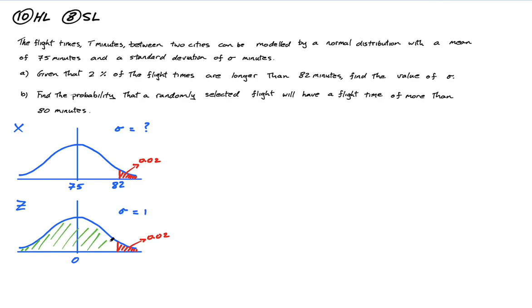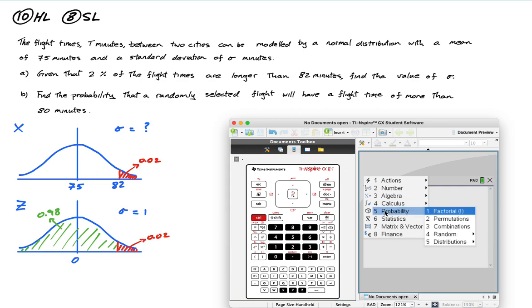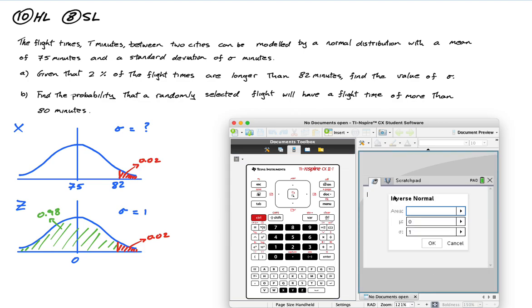Now the area, this green area, if you think about it, is 0.98, because the total area has to equal 1. So I'm going to put into my inverse normal: menu, probability, distributions, inverse normal. The area I'm going to put in is 0.98.